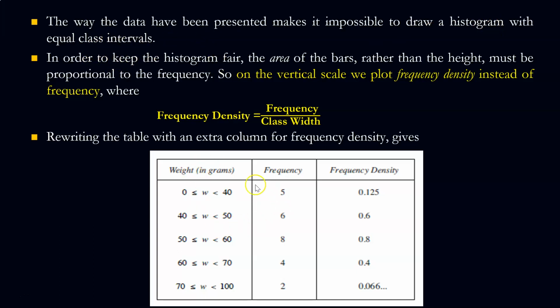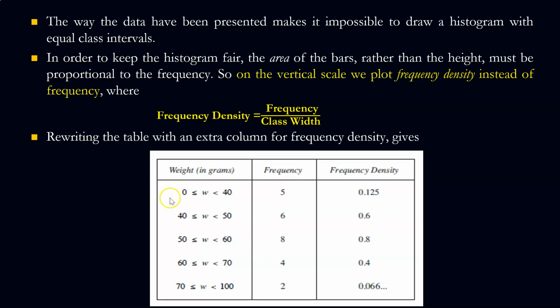So kita tidak boleh guna yang ni untuk draw histogram macam sebelum ni. In order to keep the histogram fair, the area of the bar rather than the height must be proportional to the frequency. So on the vertical scale, we plot frequency density instead of frequency.